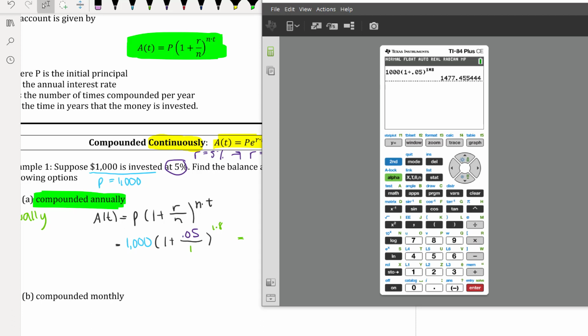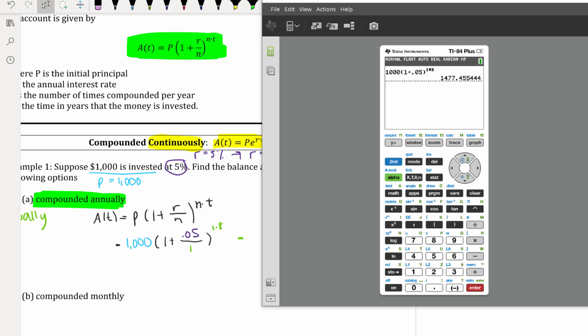Okay. So I'm going to get my answer as 1477.46. And the reason why it's 0.46 is because whenever I'm talking about money, you always round to 2 decimal places.